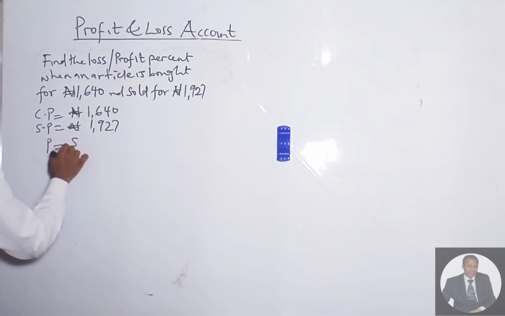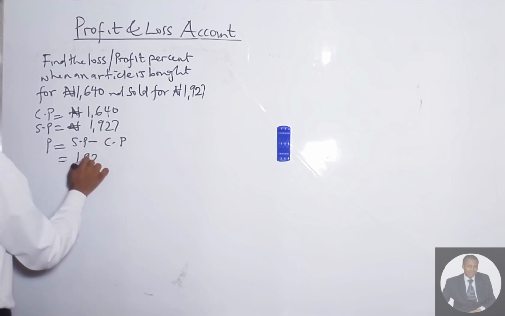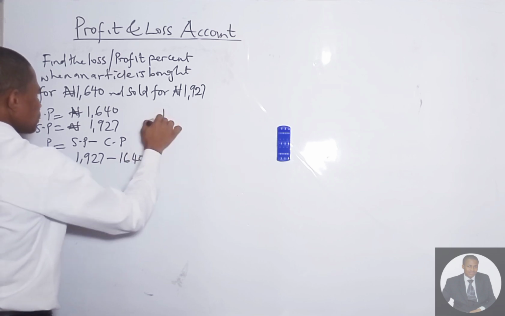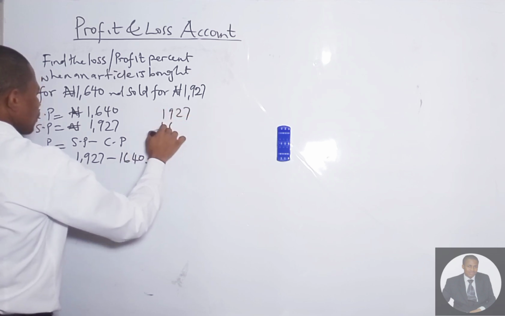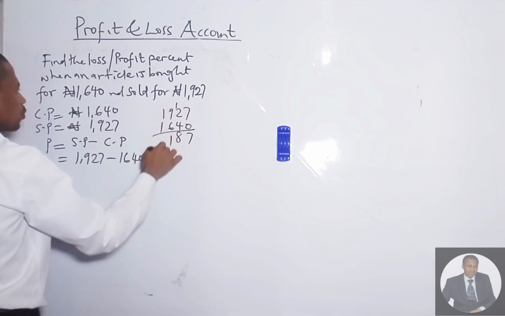So the gain will be selling price minus cost price, will be 1,927 minus 1,640.